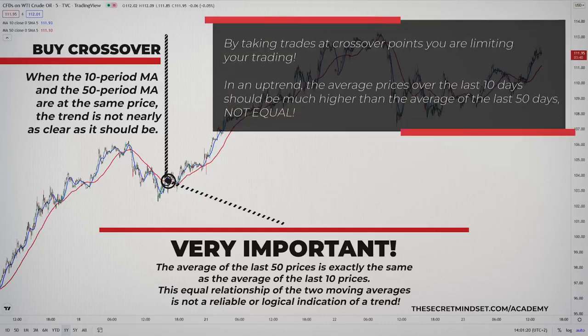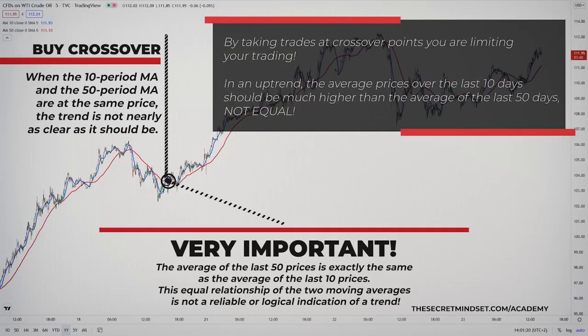In an uptrend, the average prices over the last 10 days should be much higher than the average of the last 50 days. By taking a trade at the crossover point, you are limiting your trading. For best results in a trend-following system, you want to be trading when the trend is clear and reliable, not when the trend is confused and questionable.